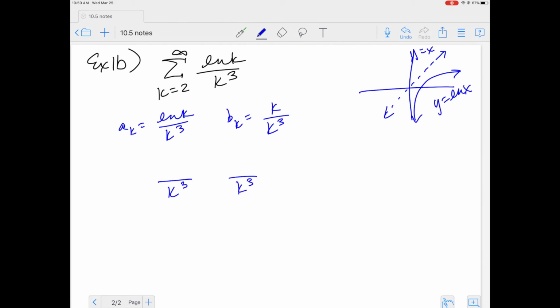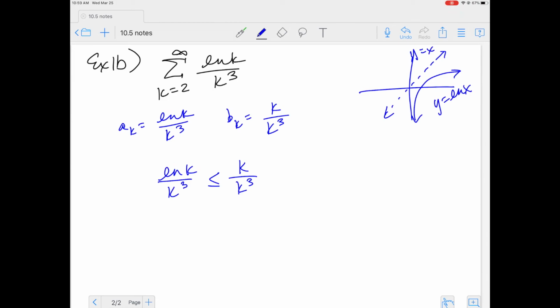So if I want to make this comparison, in this instance, my denominators are the same. The question is, which one's bigger? Looking at this graph, is natural log bigger or is y equals x bigger? Y equals x, right? And x, k, whatever, that's just the input. The input is the input value there, right?